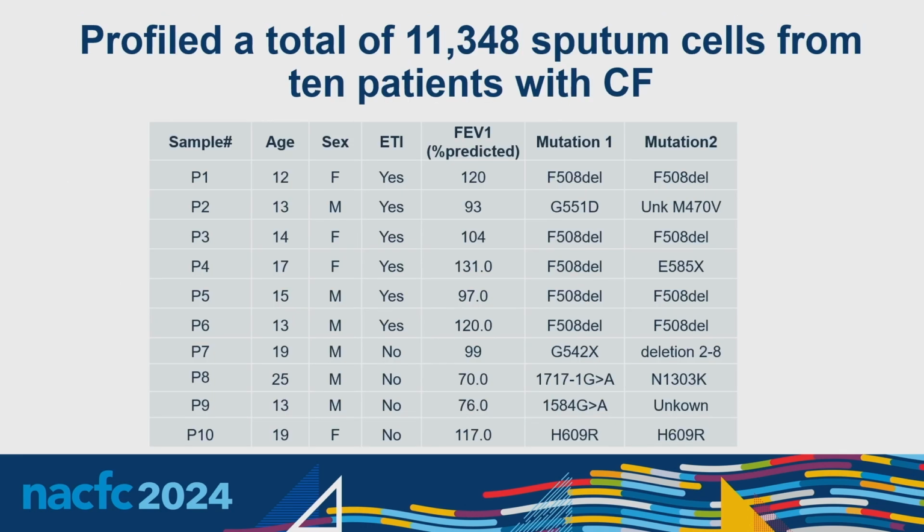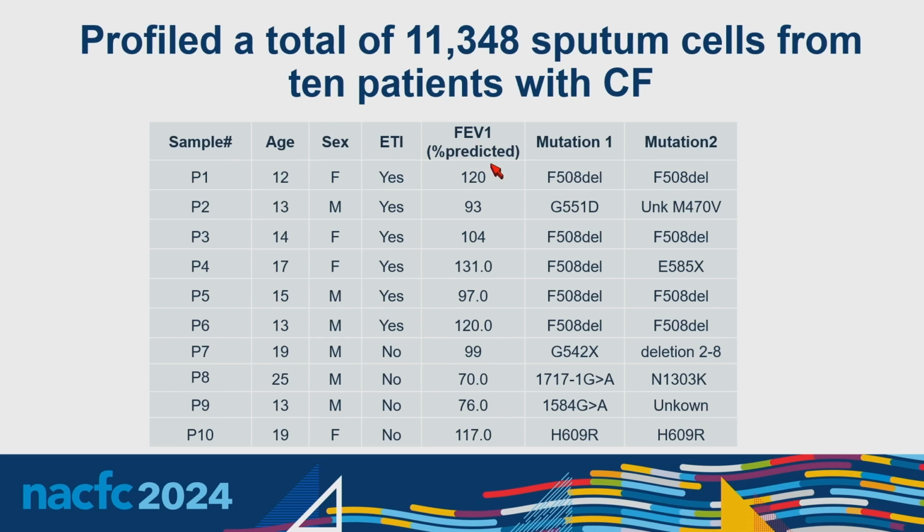To date, we have analyzed single-cell sequencing data from 10 patients with CF, with ages ranging from 12 to 25 and a mean age of 16 years. 6 of them were on Trikafta treatment, whereas 4 were not on any modulator therapy due to their underlying mutations, which were not eligible for CFTR modulator therapy.